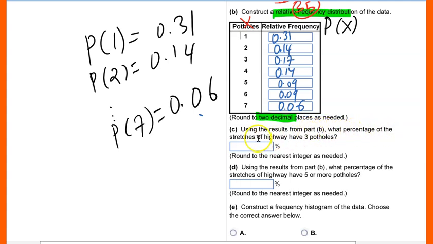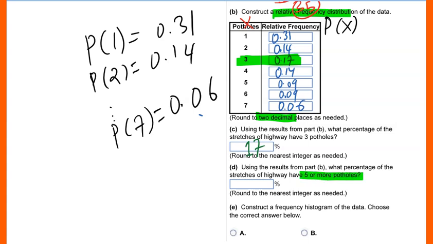Now second part C, use the results from part B. What percentage of the stretch of highway have 3 potholes? And you can see that for 3 potholes 0.17 is the proportion, which is going to be 17%. Okay, and part D, using the results from part B, what percentage of the stretch of highway have 5 or more potholes? 5 or more.